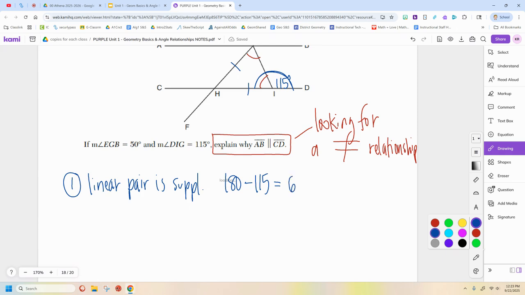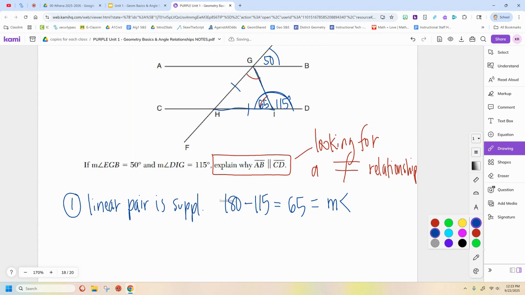To really get the points, I have to say which angle that is. So that's the measure of angle, and I'm putting it right here. What do I name that angle? It's this line and that line. I could name it HIG. Very good, HIG.